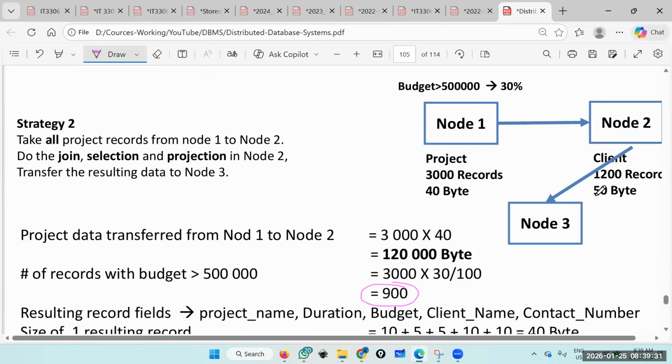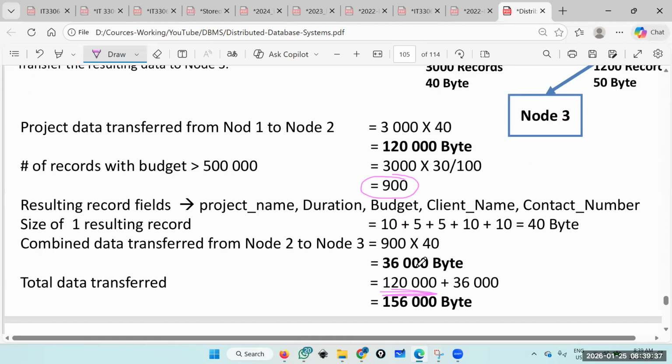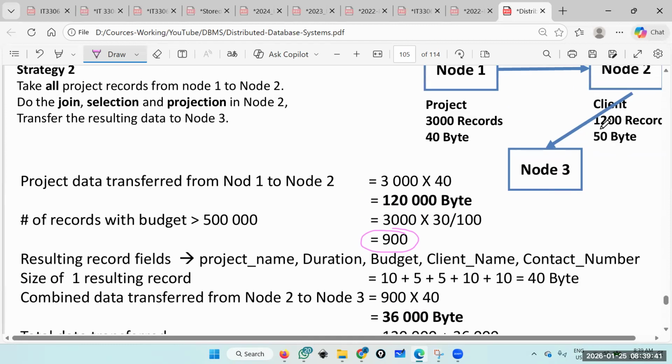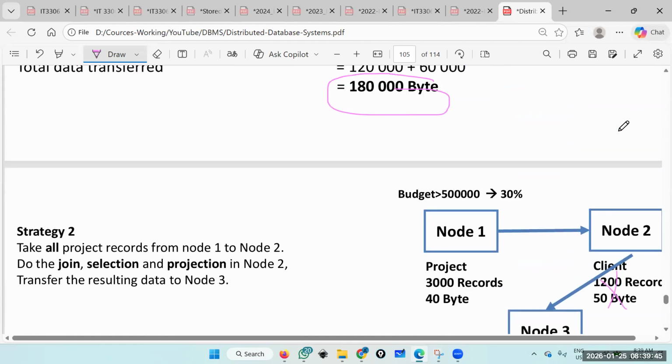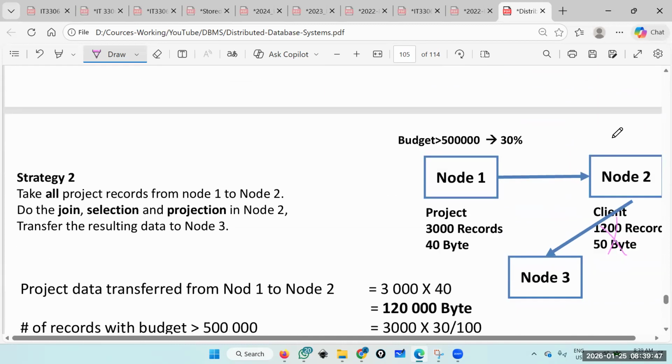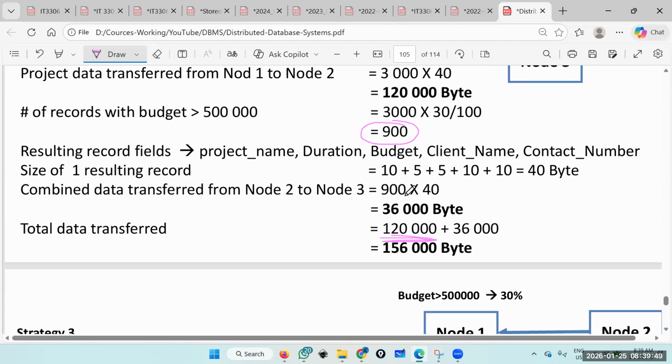It says 1200 byte. It should be 40 byte into 900. So there's a mistake here, I will fix that. So it should be only 40 byte into 900. So that is 36,000. So therefore, the total transferring is 120,000 plus 36,000, 156,000.